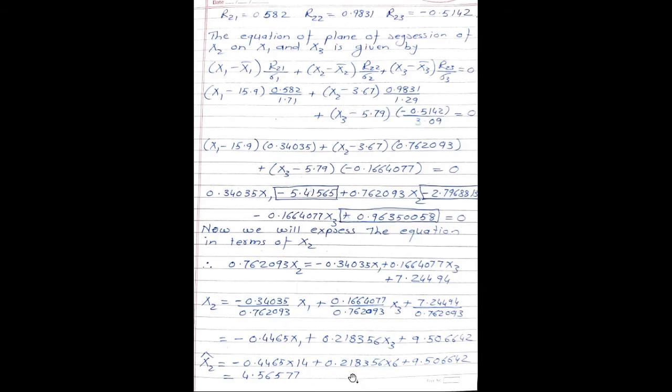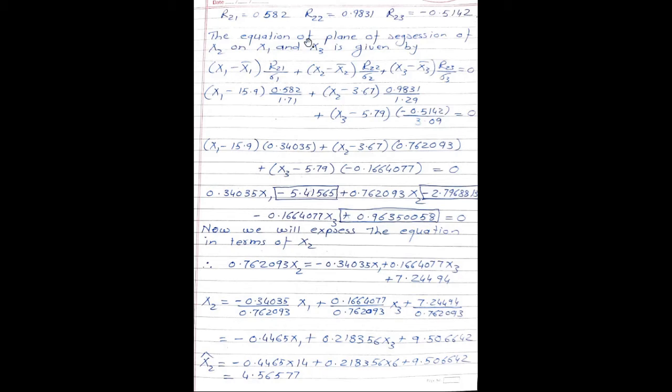So minus 1 raised to 5 becomes minus 1, 1 into 0.6 becomes 0.6, minus into minus becomes plus, so 0.0858. So the final answer is minus 0.5142. So the values which we got are R21 is 0.582, R22 is 0.9831 and R23 is equal to minus 0.5142.